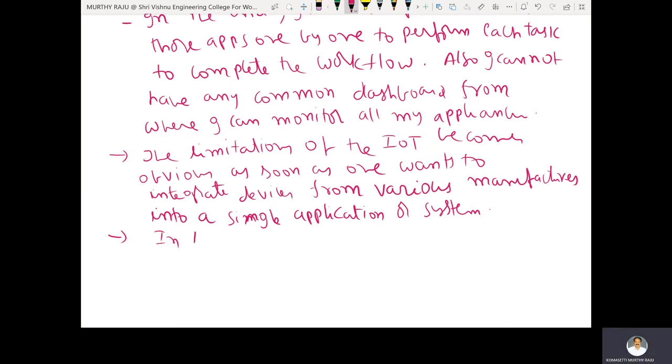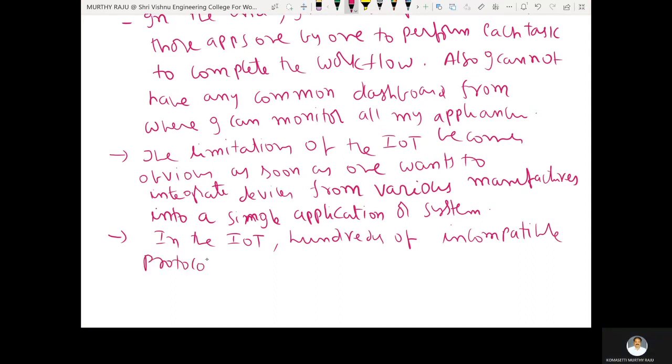In the IoT, hundreds of incompatible protocols coexist today.